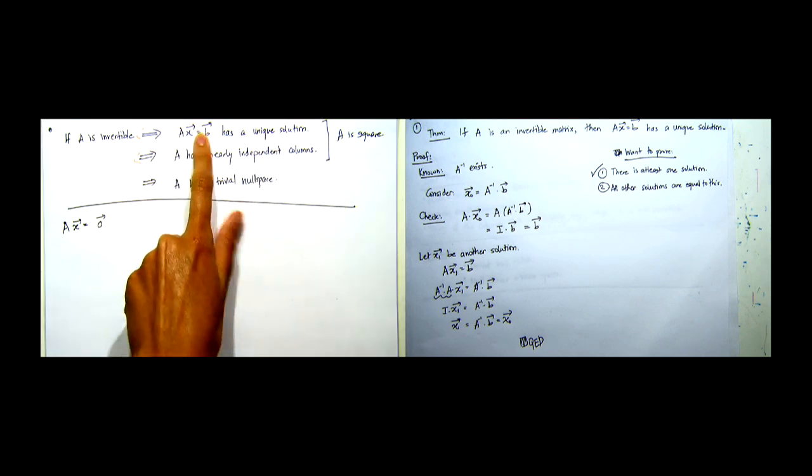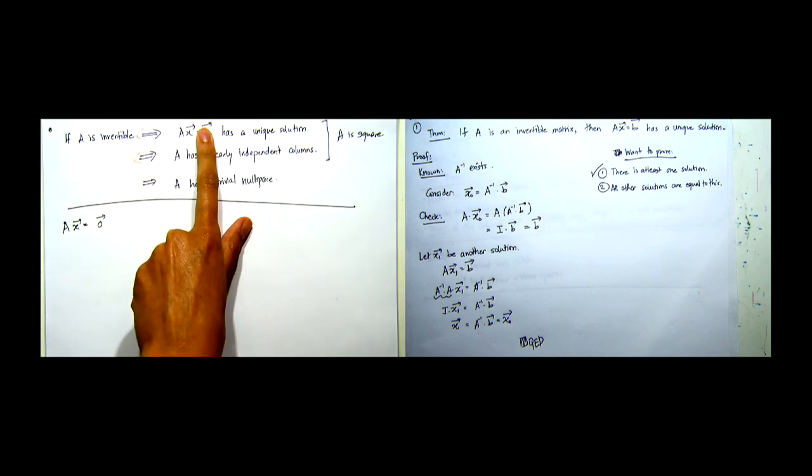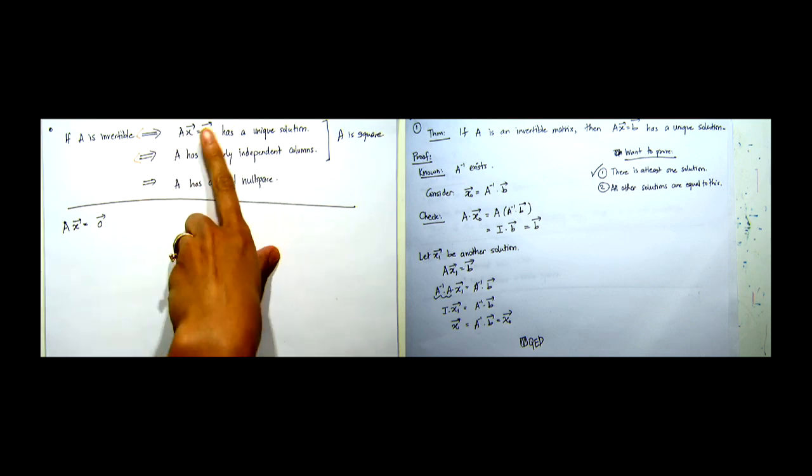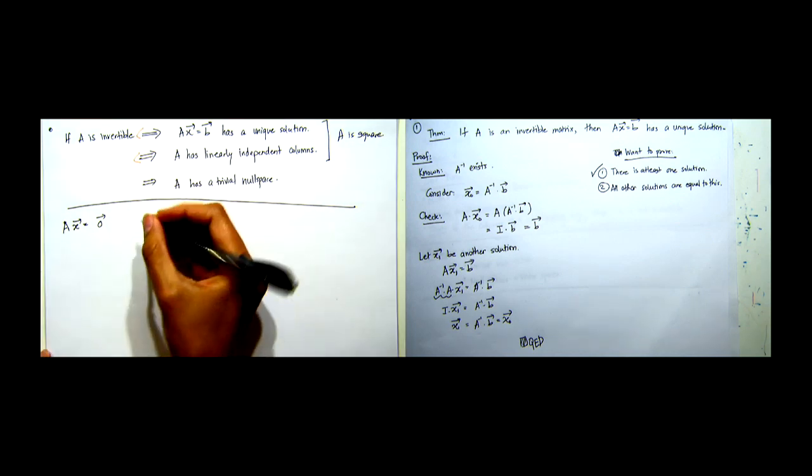This is very much like AX equal to B, right? In fact, it's a subset of all of the problems represented by AX equal to B. This is just choosing a special case where B is equal to 0. I want to study this special case. And the question is, how many solutions does this have?